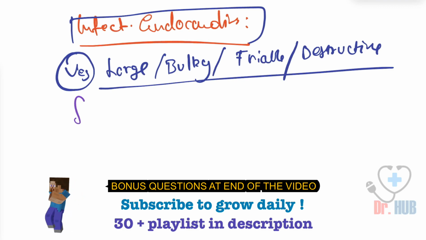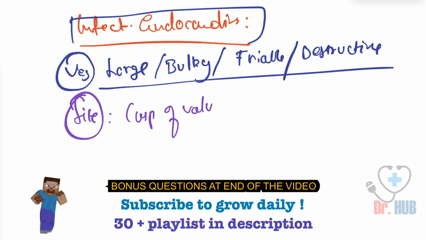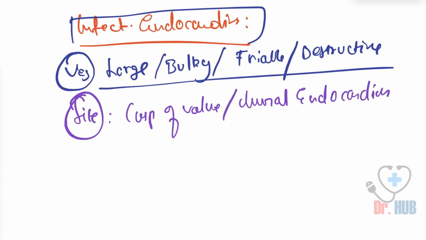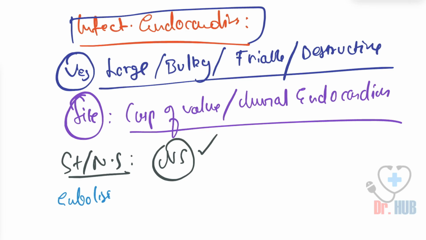Now the site of infective endocarditis includes the cusps of the valve and the mural endocardium. Is it sterile or non-sterile? It is non-sterile. And embolization is very common.